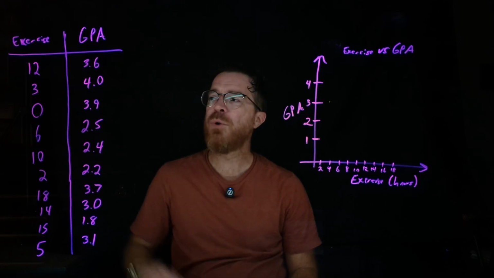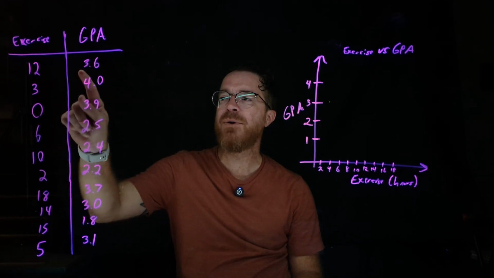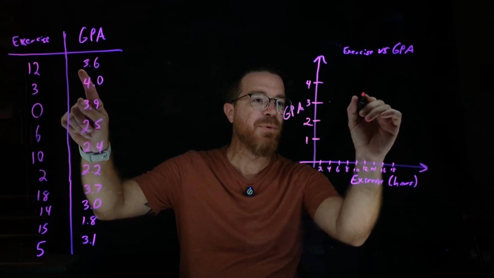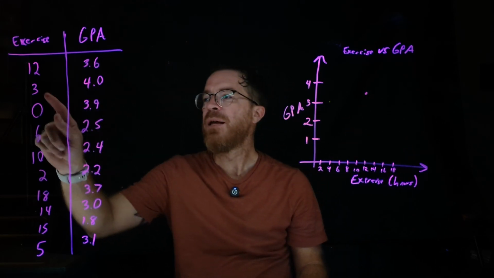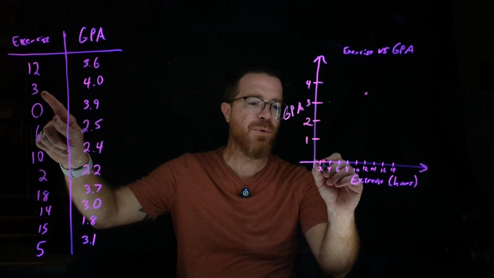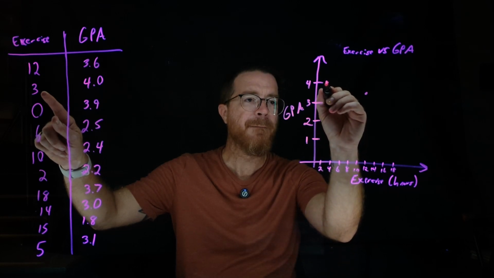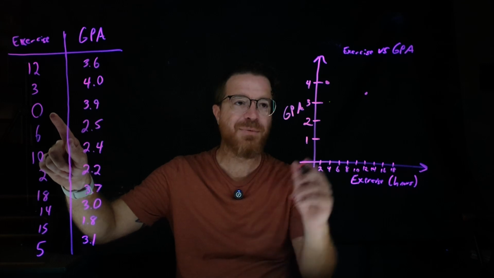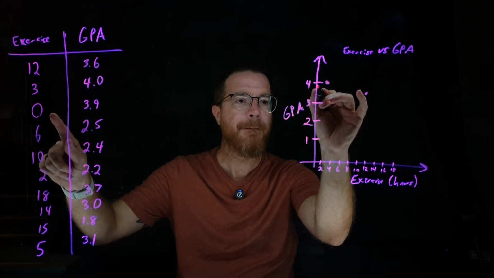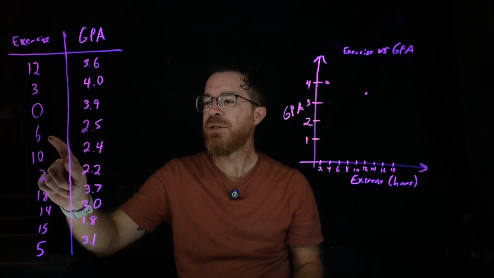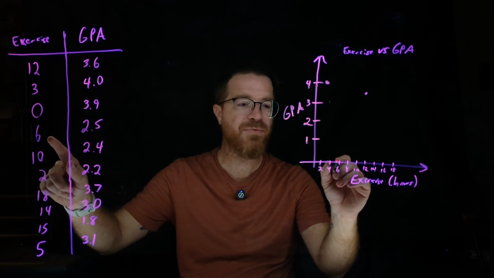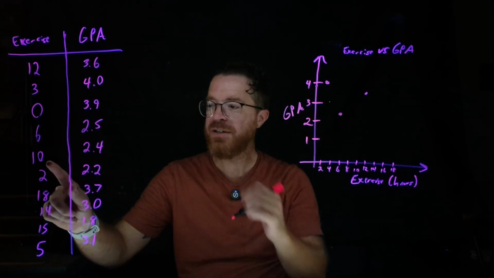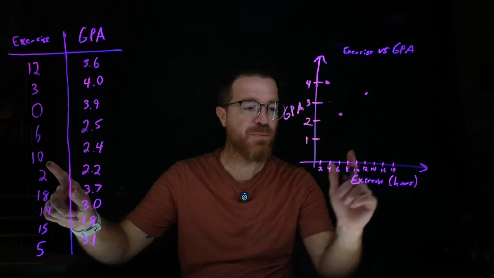Okay, so first one, we had the person exercised 12 hours and has a GPA of 3.6. We go over to 12, go up to 3.6, and we put a dot. Next person exercised 3 hours, has a 4.0 GPA. Next person exercised 0 hours and has a 3.9 GPA. Next person exercises 6 hours, has a 2.5. Next person exercises 10 hours, has a 2.4.